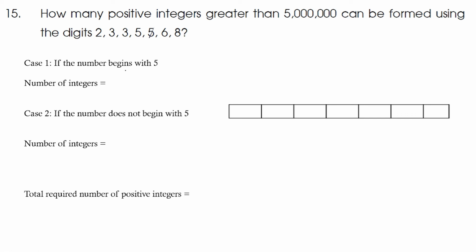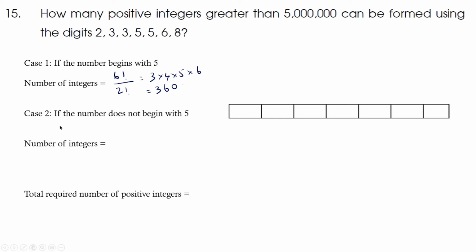So the number of ways will be 6 factorial upon, here 3 is repeated, so divided by 2 factorial. So this is equal to 3 into 4 into 5 into 6, which is 360. Now moving on to the next case.